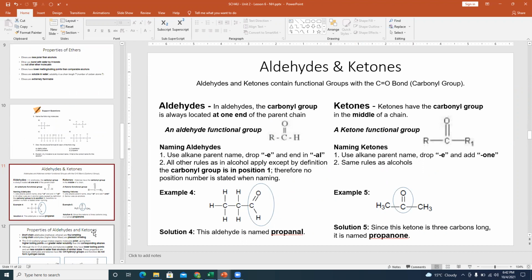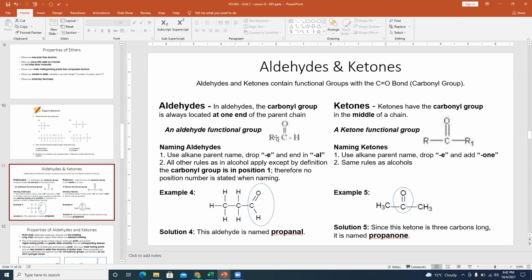Aldehydes and ketones contain functional groups with a carbon double bonded to an oxygen, a C double bond O. And this is called a carbonyl group. So aldehydes and ketones have this carbonyl group in them, but they're different in that in aldehydes, this carbonyl group is always located at one end of the parent chain.